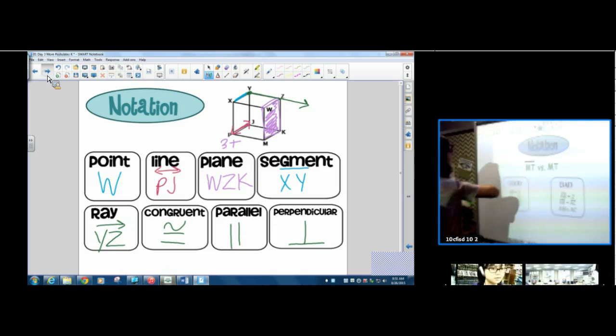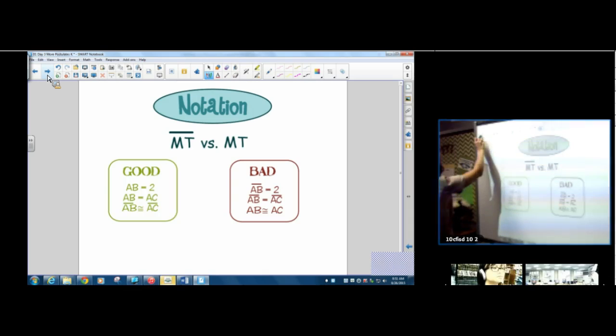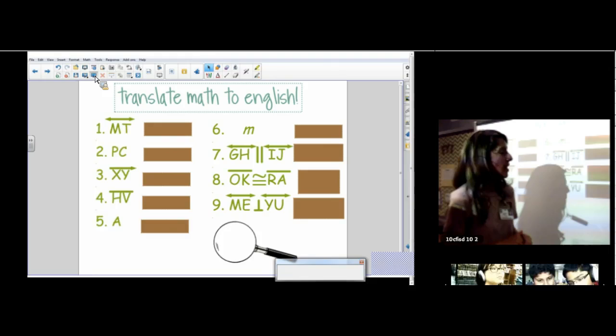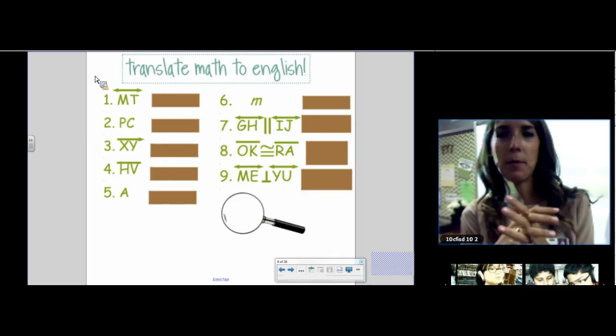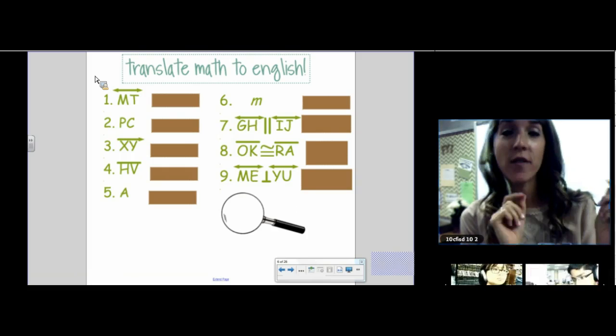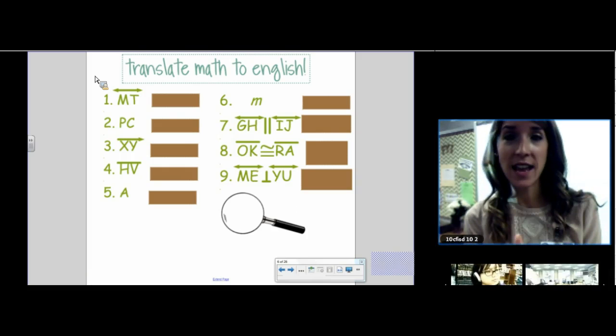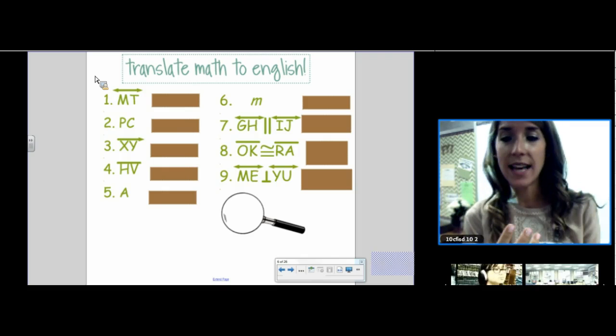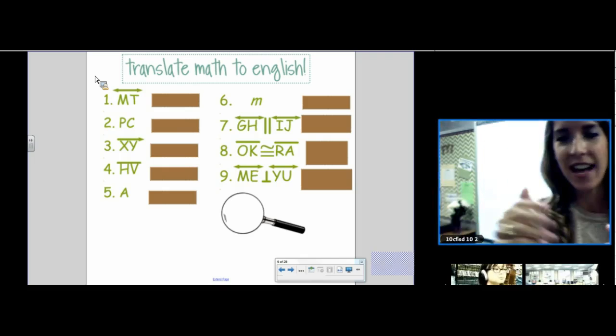Now I'm going to come back to that. Now we're going to be translators. Instead of translating from English to Spanish, I want you to translate from math language to English. All of these are written in math language, and we're going to say what they are in English. You're already saying it, I know.